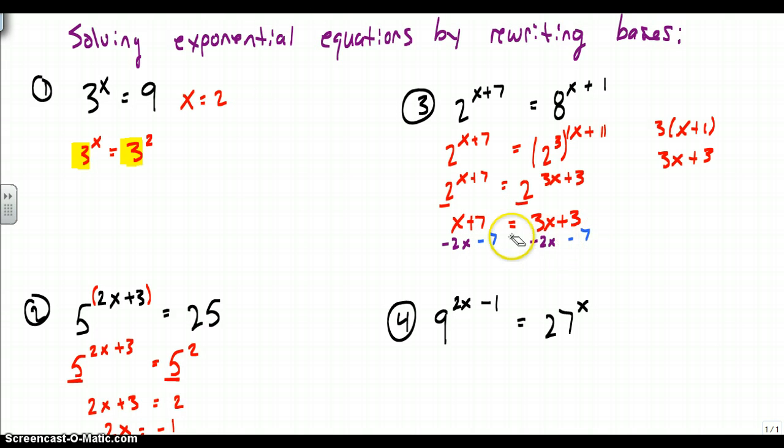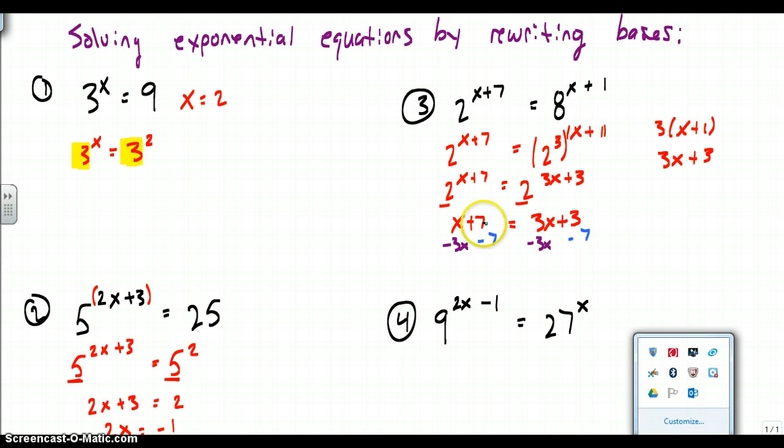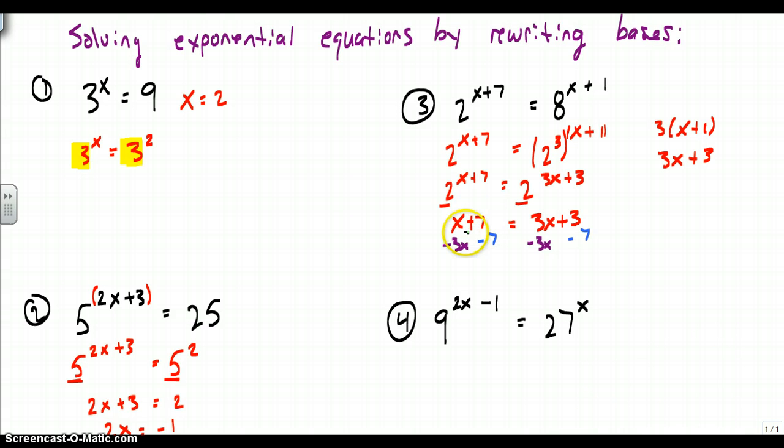Oh, that should be minus 3x, not minus 2x. Simple fix. Sorry. I want to subtract 3x from both sides. There we go. All right, so I'm left with negative 2x equals -4. So divide both sides by -2, x equals 2.